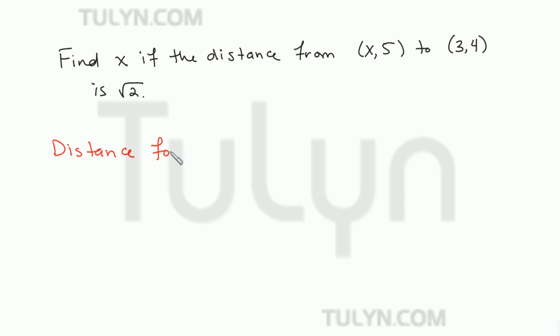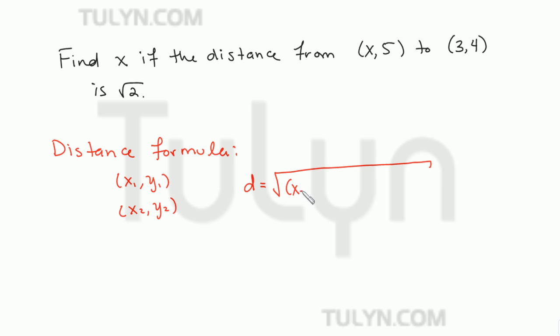So the distance formula says that given two sets of points, one at x1, y1, and one at x2, y2, the distance between those points is given by the square root of x2 minus x1 squared plus y2 minus y1 squared, right?